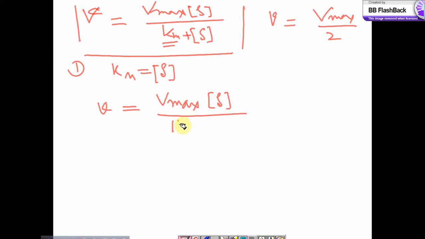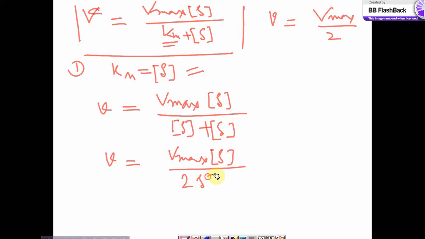In place of Km, I am putting the value of S. So now small v is Vmax S by 2S.